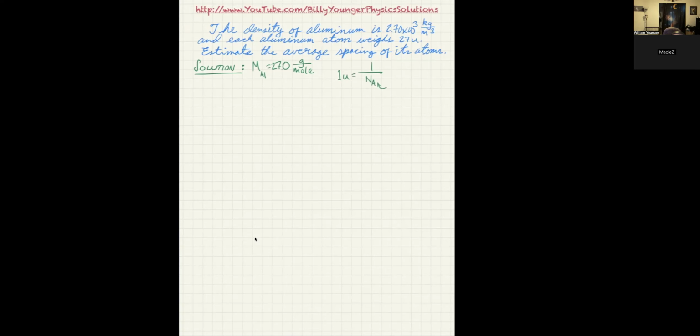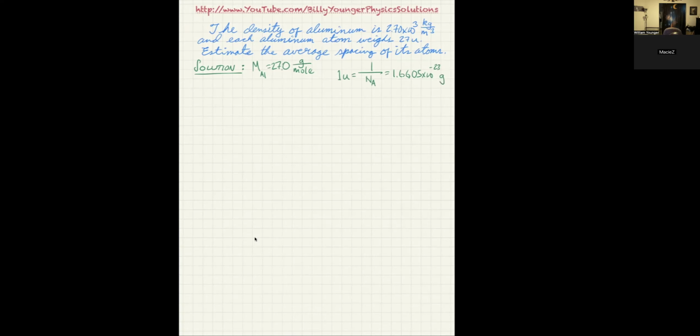But you have to convert it to kilograms after the fact, if our units are grams. Basically, it's 1.6605 times 10 to the negative 24, and in this case it just comes out as grams.